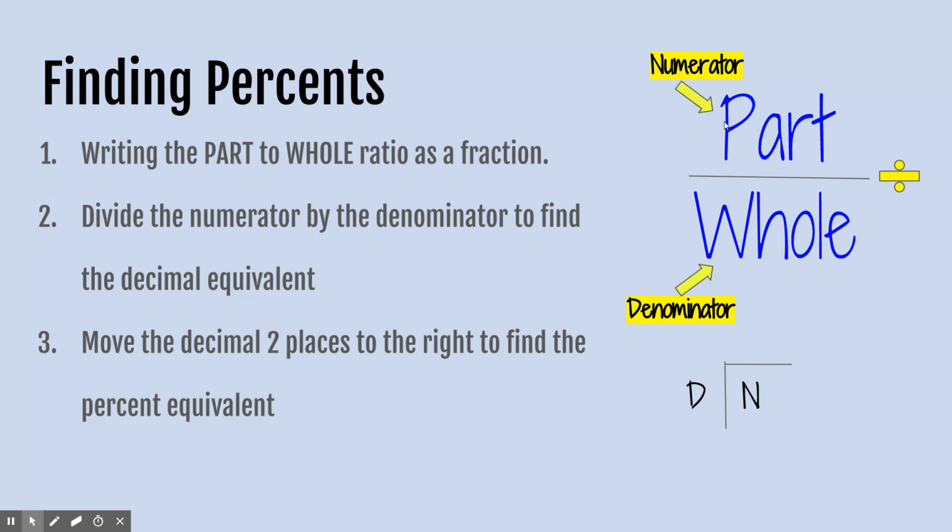So the part would be divided by the whole, and you can change it to a decimal, and then you can move the decimal 2 places to the right, or multiply it by 100, to find the percent equivalent. So that's another way you can do this, and you have been doing this already since Unit 1. This is just to help you remember that.